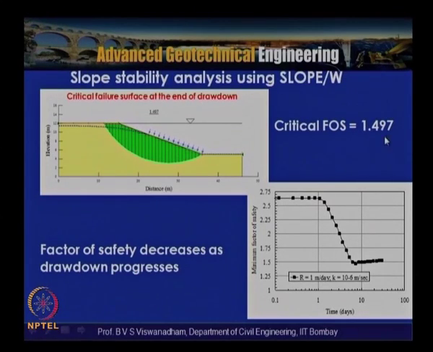So the critical factor of safety obtained is about 1.497. You can see that initially the factor of safety is high, but as the drawdown takes place, the factor of safety decreases, then remains constant and increases slowly. So for this condition, we have a factor of safety of 1.497.